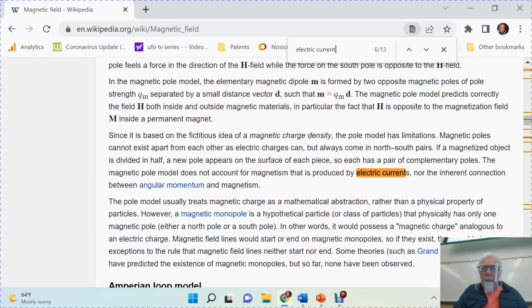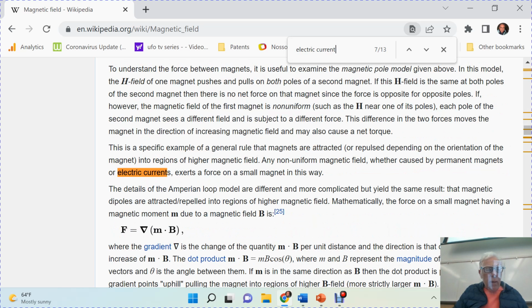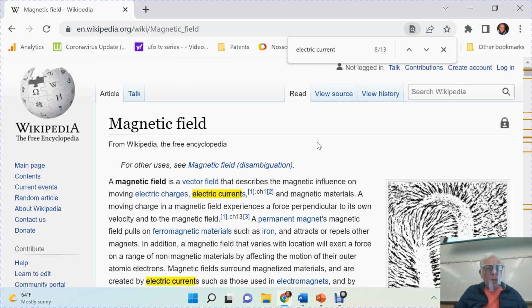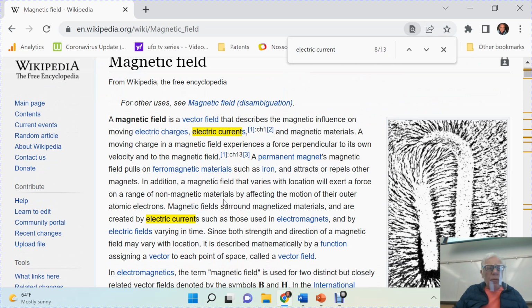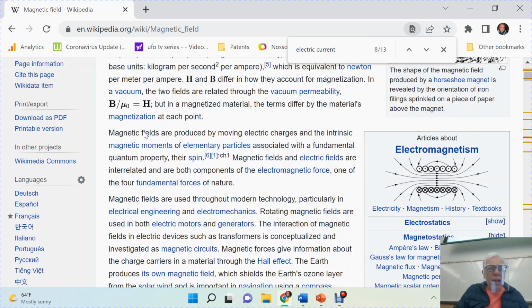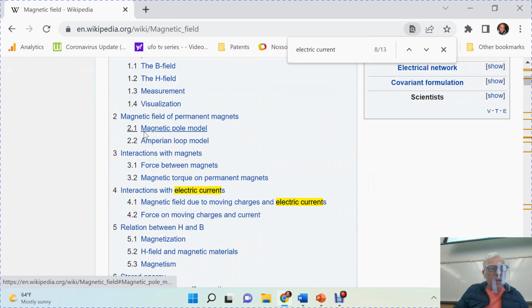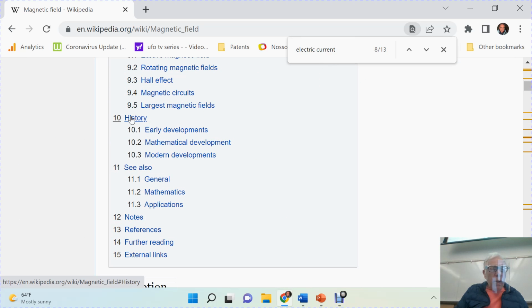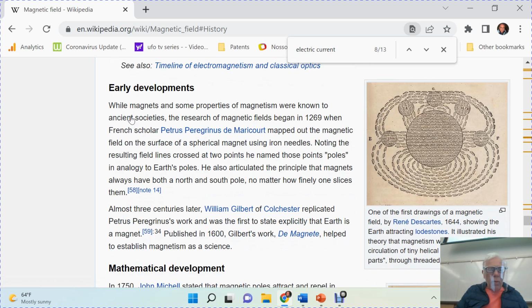And who discovered that? I want to see the history here. I believe it was Orsted who discovered that. Okay. History. 1269 mapped out the magnetic fields of a bar magnet, a spherical magnet.